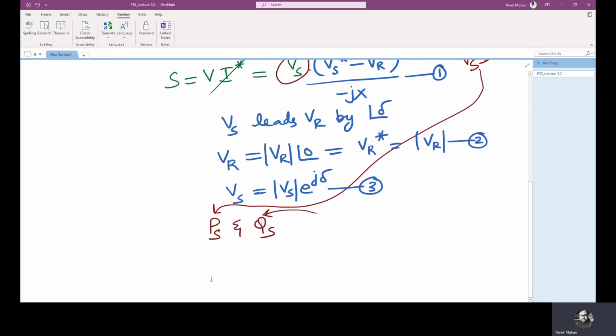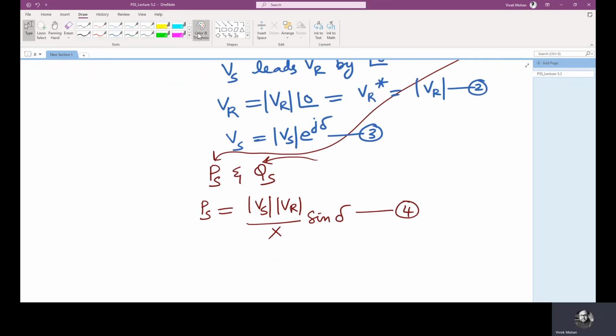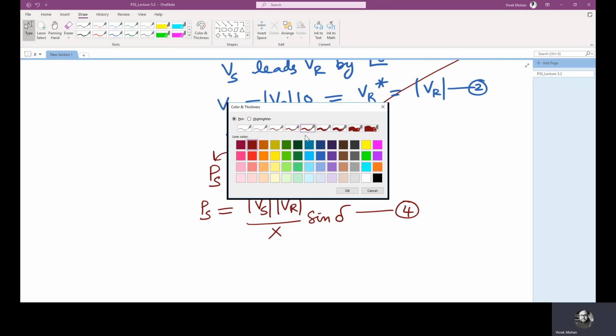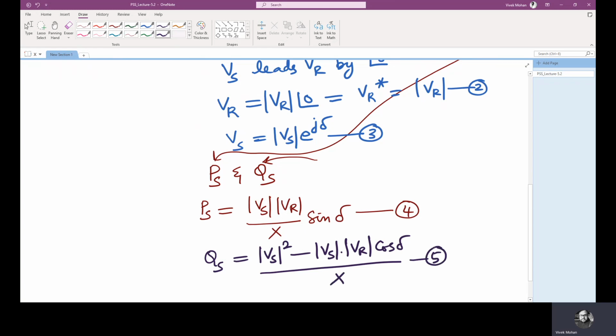So we get PS as mod Vs into mod Vr by X sin del, which is equation 4, and QS equals mod Vs squared minus mod Vs mod Vr cos del, divided by X, which is equation 5.